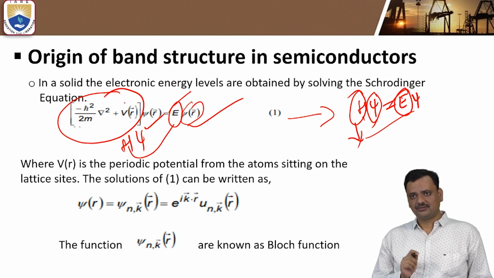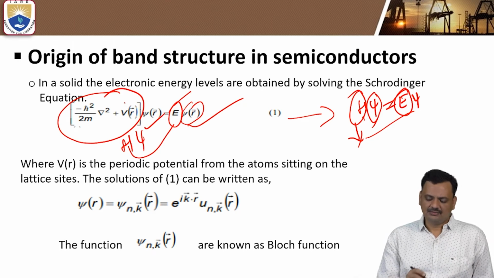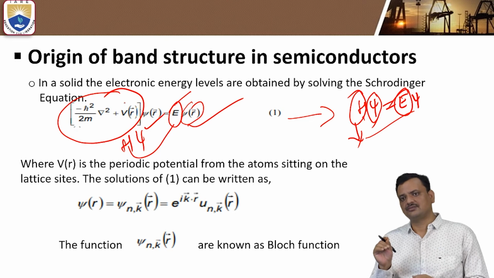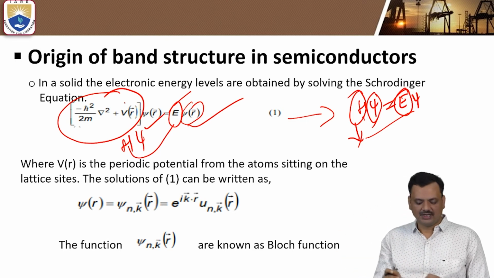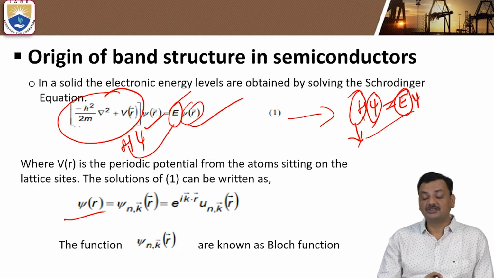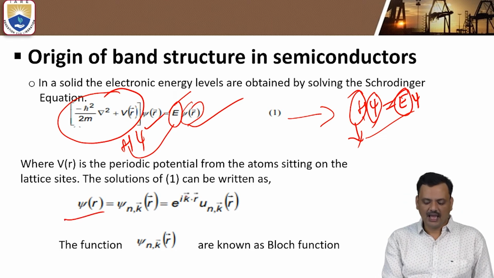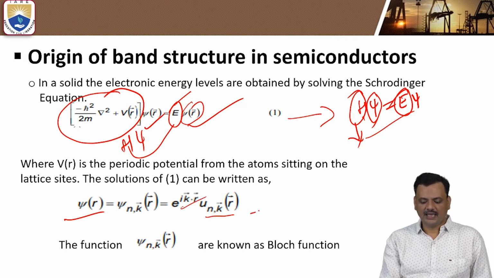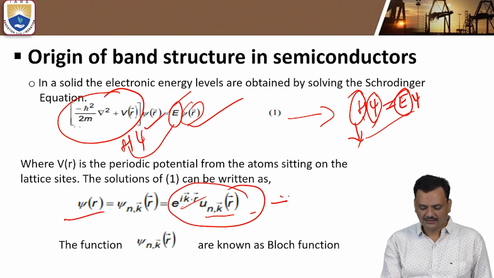The answer to this question was given by Bloch, who provided the wave function of atoms arranged in a periodic potential, known as the Bloch wave function: e to the power i k dot r times u_k(r). That is the wave function psi.